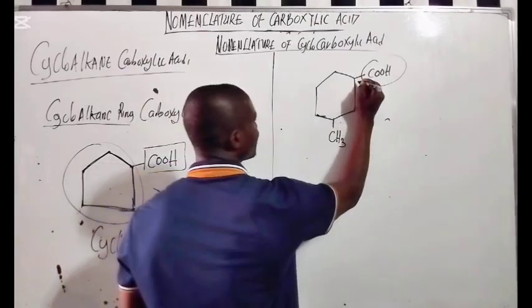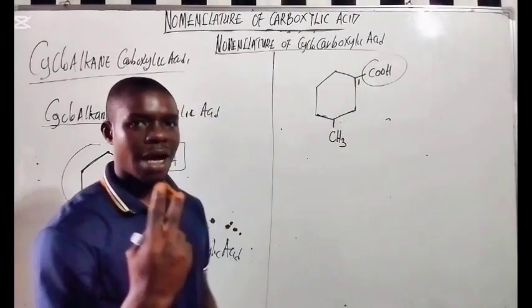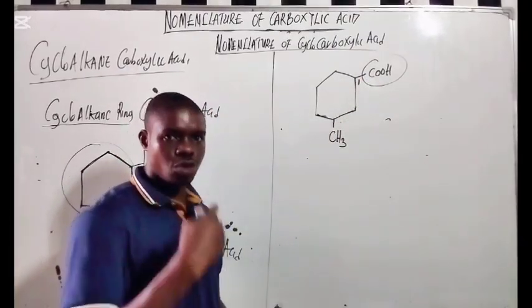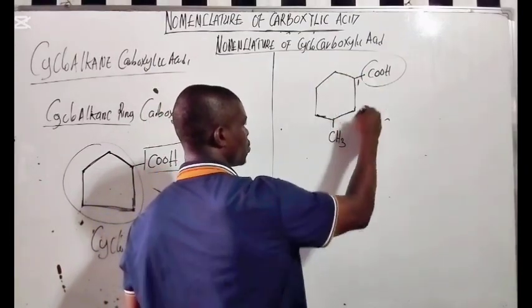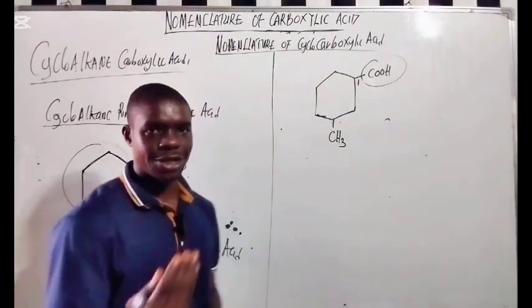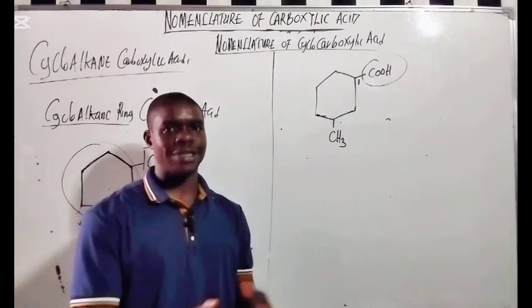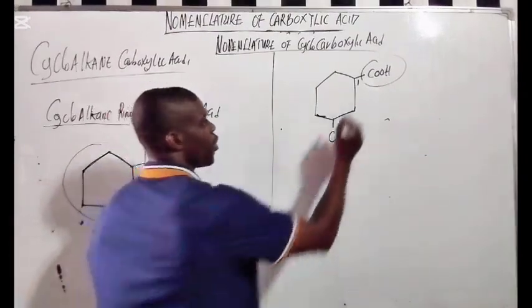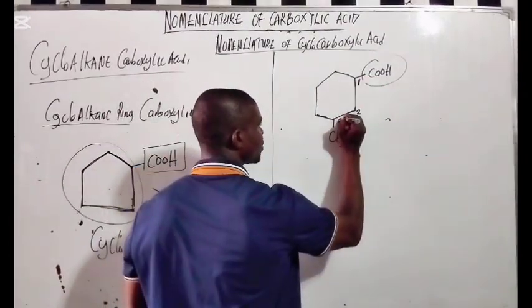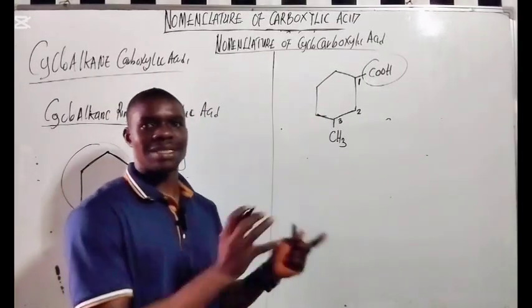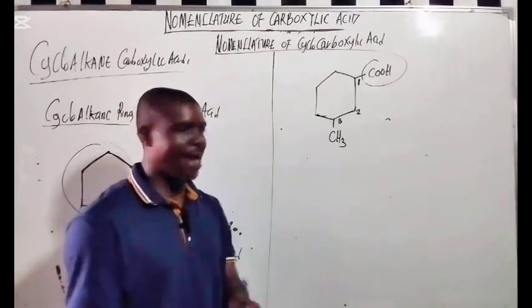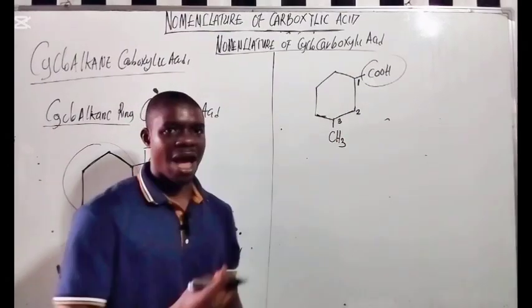So remember, if here's my number 1, I have two directions I can number it. I can start from here 1, 2, 3, 4, 5, or 1, 2, 3. Of course, in the nomenclature, it must go to the lowest possible number, so it will be 1, 2, and 3. The parent chain is cyclohexane carboxylic acid, then at number 3 we have a methyl.